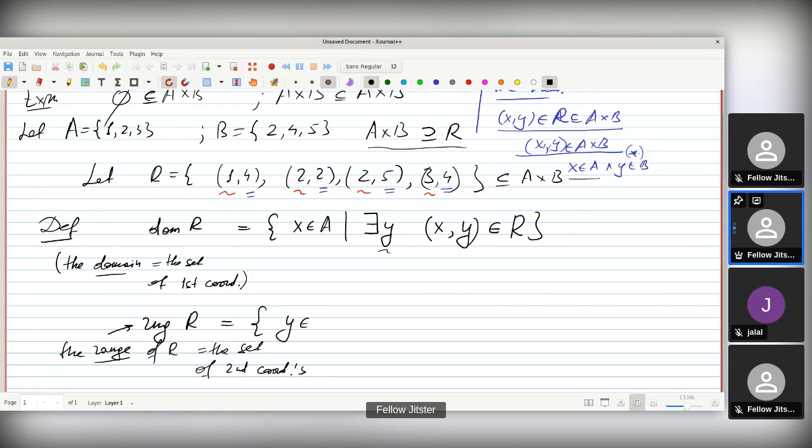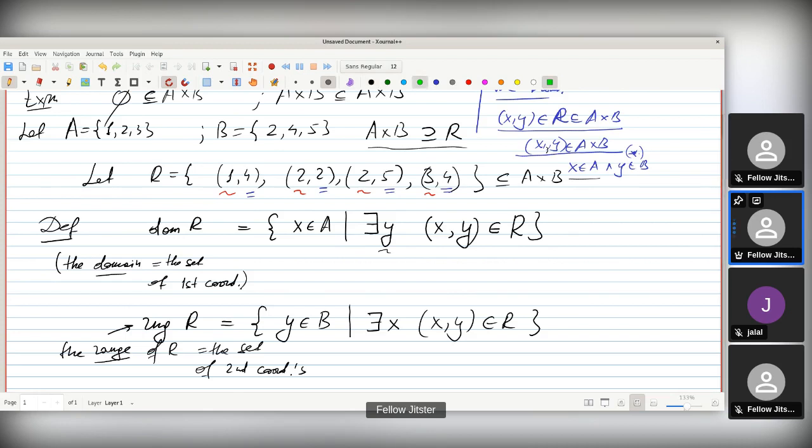Clearly, it is a subset of B. Let us take all such elements from B for which there exists X such that X and Y belongs to R. Is it clear? Both sets are clearly obtained using our set construction principle, so these sets are legitimate.